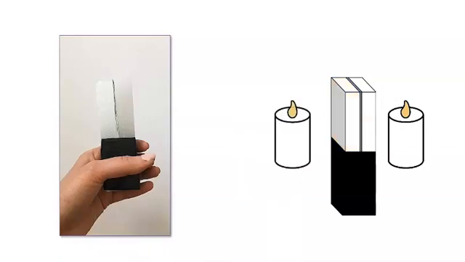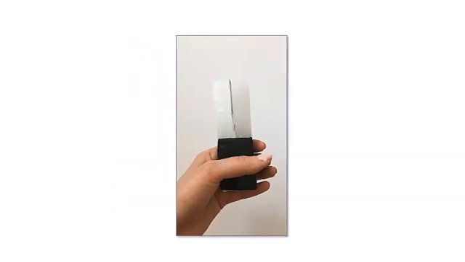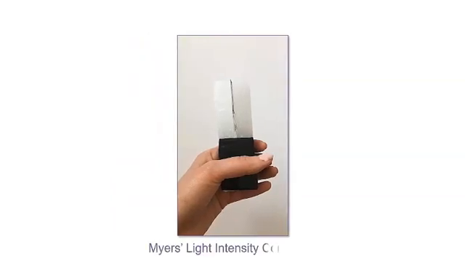If the light sources are equally bright, both sides of the device will look the same. The full name of the device is the Myers Light Intensity Comparer because it can be used to compare the brightness of light sources. Let's use the device to conduct a fair test to see how distance affects the apparent brightness of a light source.